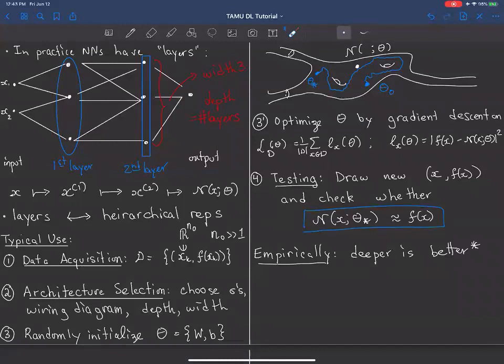So the answer to the second part of your question about whether you can have a feedback loop is ultimately no. In the following sense, you can build in a feedback loop, but then when you actually want to compute the derivative of the output with respect to the input, because you're going to optimize by gradient descent, what you have to do is what people do in belief propagation, basically. You unfold your network that has a cycle in it.